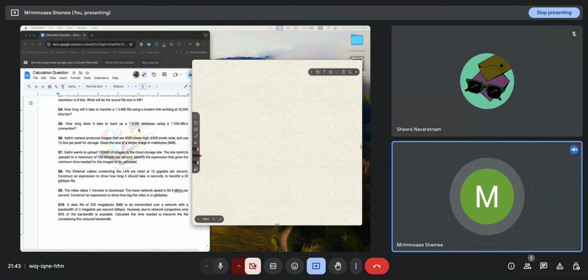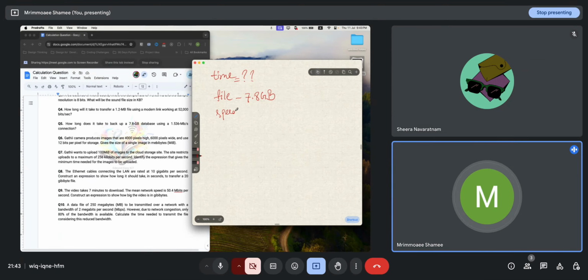So this one is "how long", right? That means they are asking you about the time. Backup database, that means this is the database file. So the file is 7.8 GB, gigabyte, whereas the connection speed is megabyte per second, this is the speed.